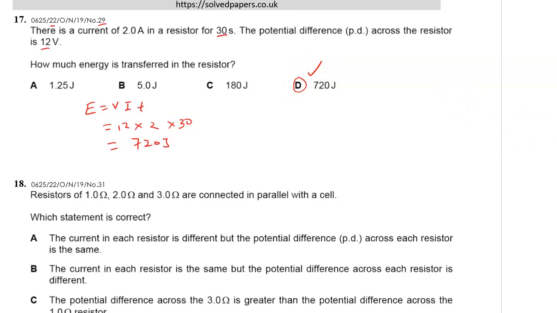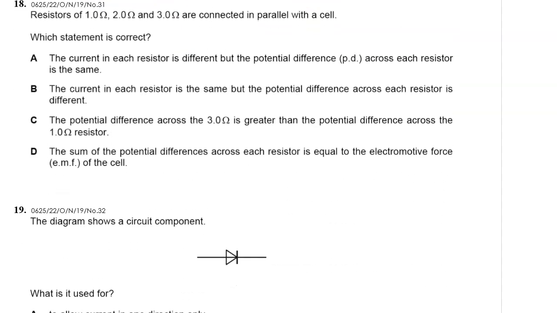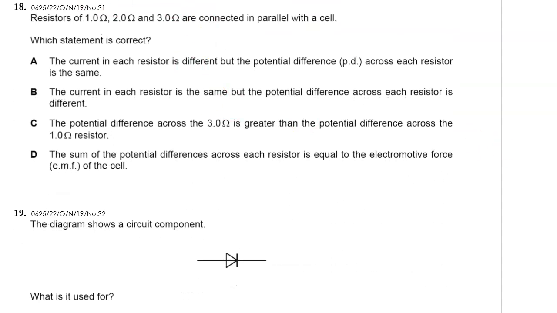Number 18. From variant 2.2, this was question number 31. Resistors of 1 ohm, 2 ohm, 3 ohm are connected in parallel with a cell. What statement is correct? Of course, when you connect them in parallel, for instance, this is parallel.